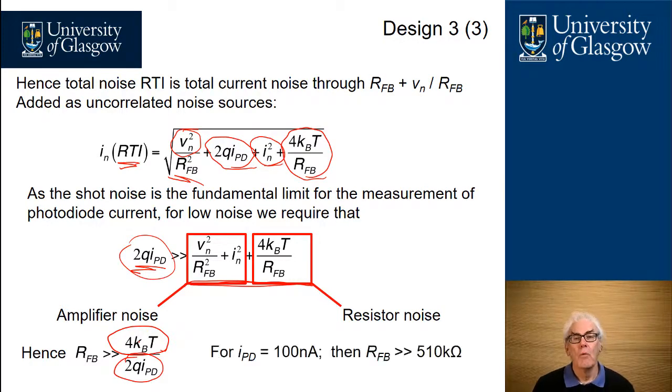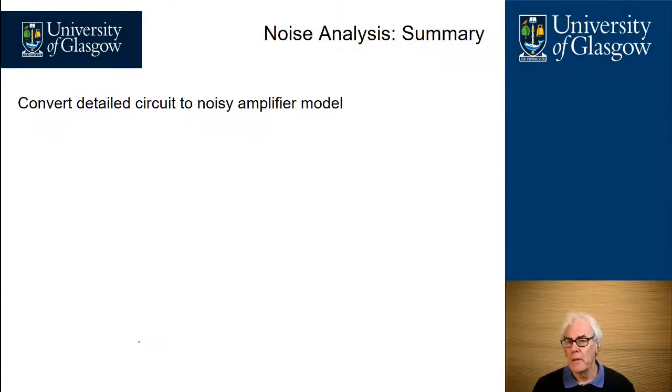If we work this out for a typical photodiode current of 100 nanoamps, then it turns out that we need the feedback resistor much greater than 510 k ohms in order for that condition to be satisfied. That now completes our noise calculations and noise analysis within electronic system design.